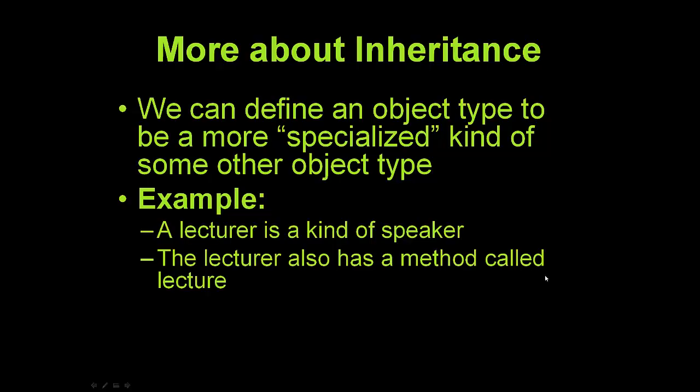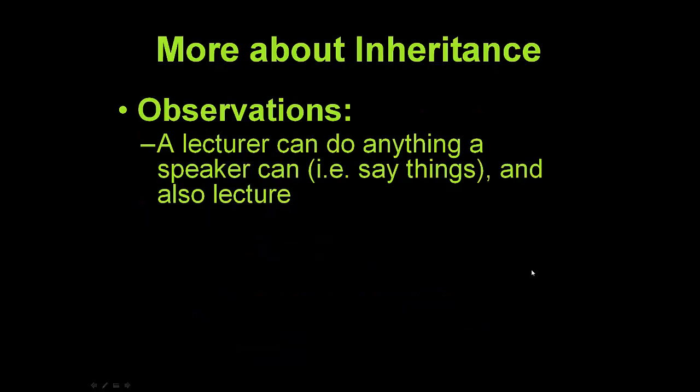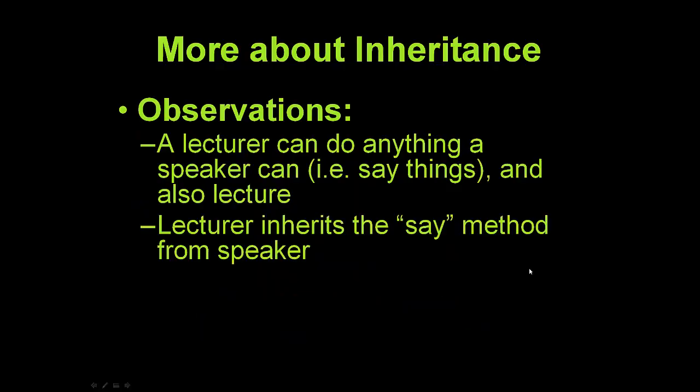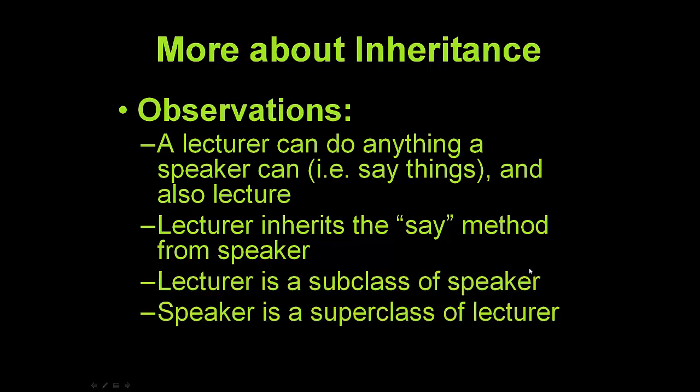It's a kind of speaker, so it inherits from speaker, and has an extra method called lecture. The thing about lecture is that the lecturer will say something, and then say you should be taking notes. So a lecturer can do anything a speaker can. This means that the lecturer inherits the same method from a speaker, because the lecturer is a subclass of speaker. The speaker is therefore a superclass of lecturer.